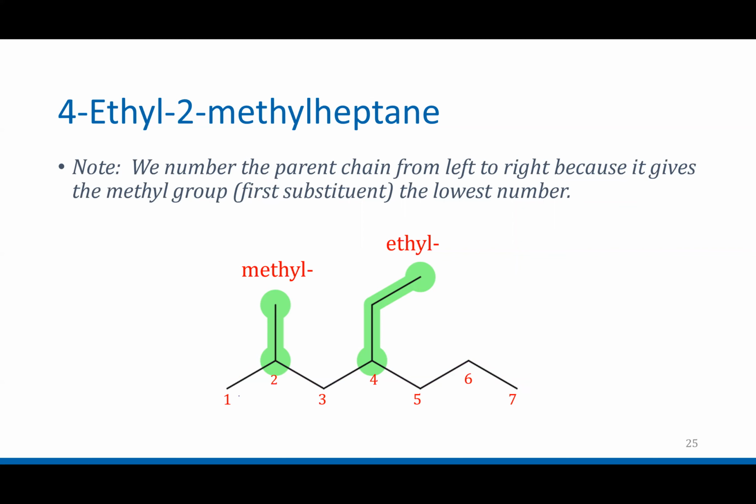Yes, ask away. If we start from the right to left. From the right, will it be the same or different? Because the ethyl group will be on number 1, 2, 3, and the methyl will be on number 6.